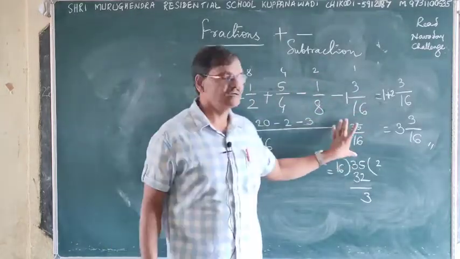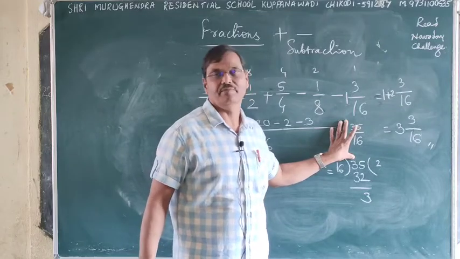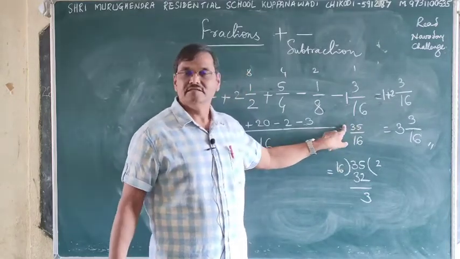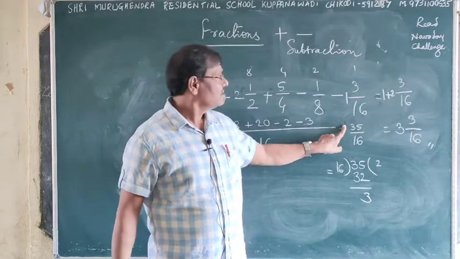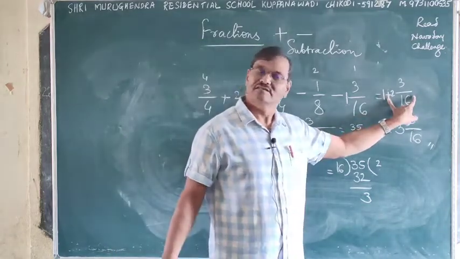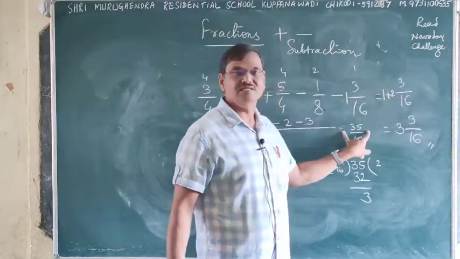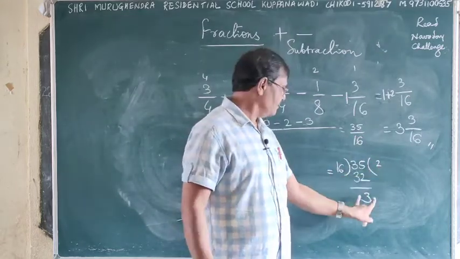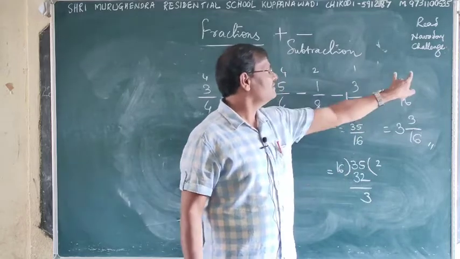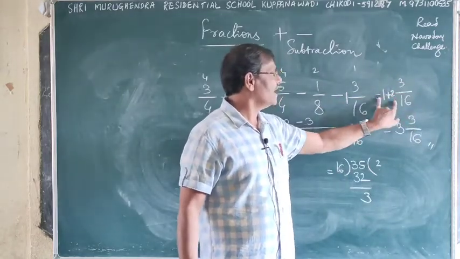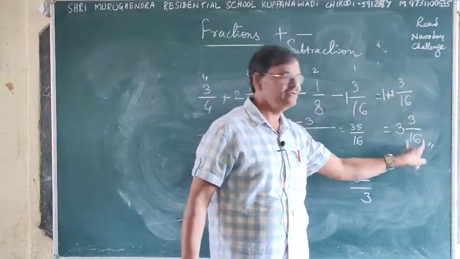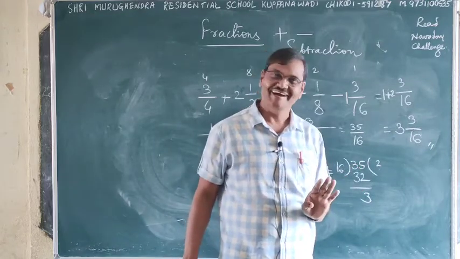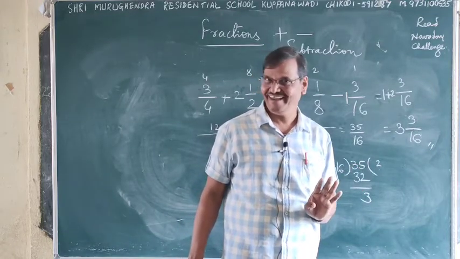That I calculated, 35 by 16 came. If it is a proper fraction, then you could put it the same only. Whereas this is an improper fraction, has 2 full and 3 by 16. So 3 by 16 I wrote here, 2 I added, and 3 of 3 by 16. Okay.